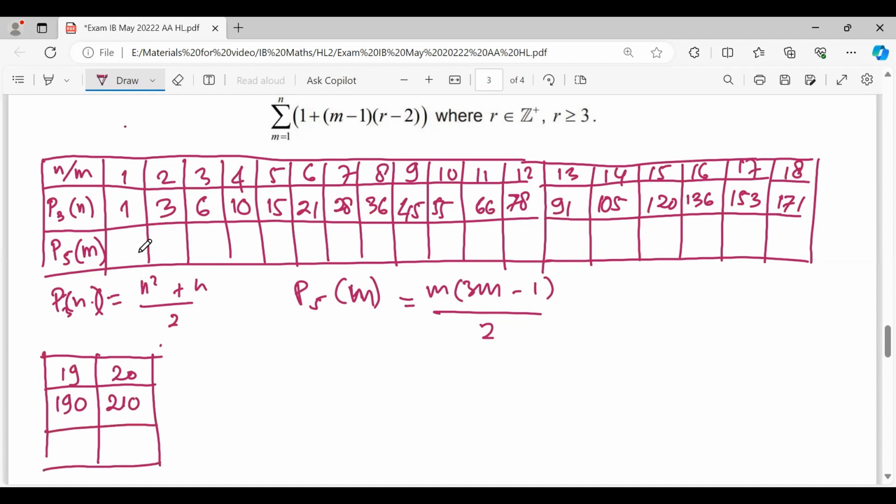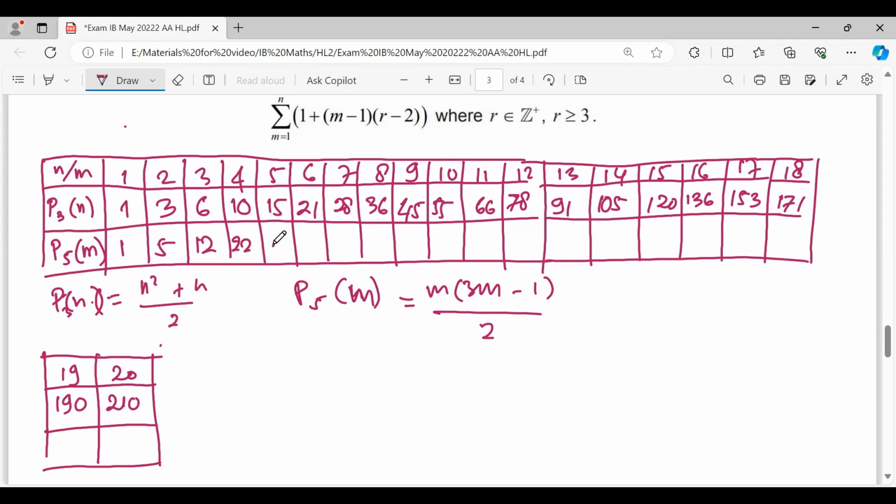Then how about P5m? If m equals 1 and we substitute into these equations, it will be 1 because 1 times 2 over 2 equals 1. If m equals 2, this is 5. If 3, 12. If 4, 22.